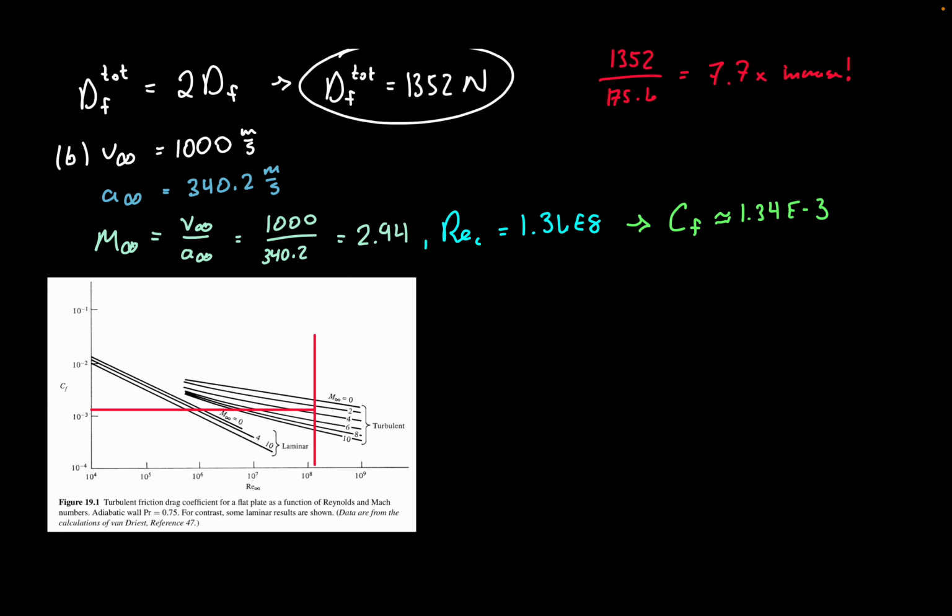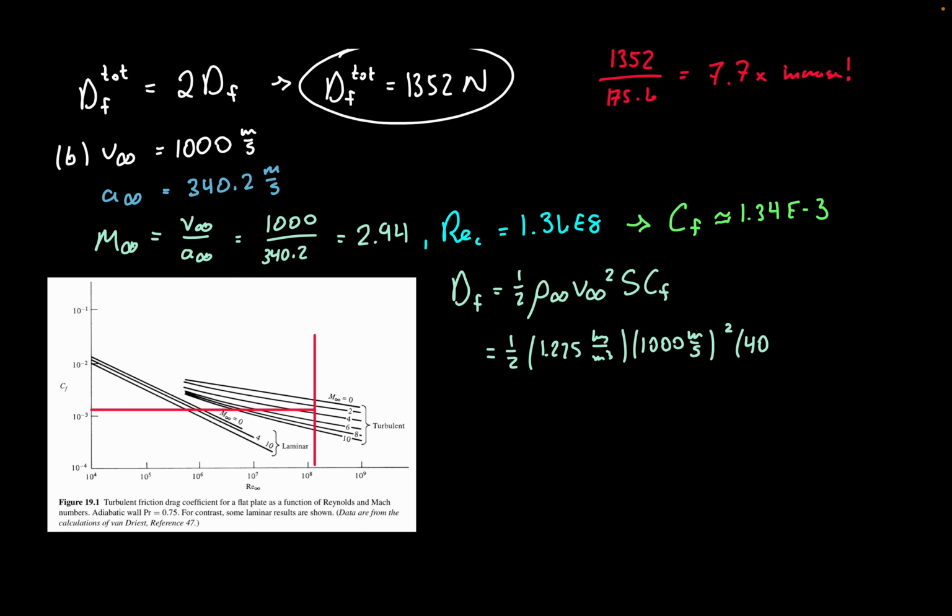And from here, now we can calculate the skin friction drag. So it's going to be D sub f equal to 1/2 rho infinity V infinity squared times S times C sub f. I'll just plug in the values here real quick. We'll have 1,000 meters per second now for V infinity, and then 1.34 times 10 to the negative 3.